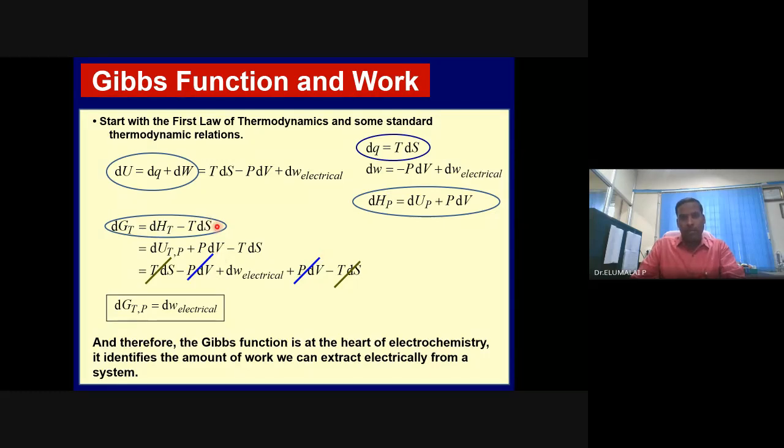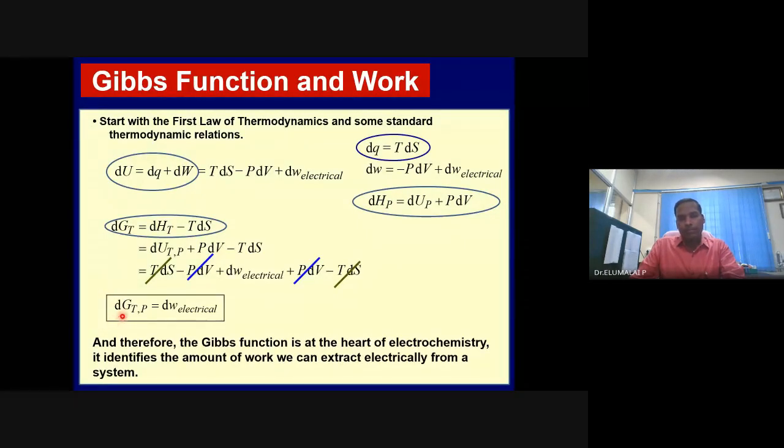It will be too fundamental. Usually you study it in 12th standard or engineering chemistry. So combining the first two laws of thermodynamics, you get the change in free energy is equal to electrical work done.